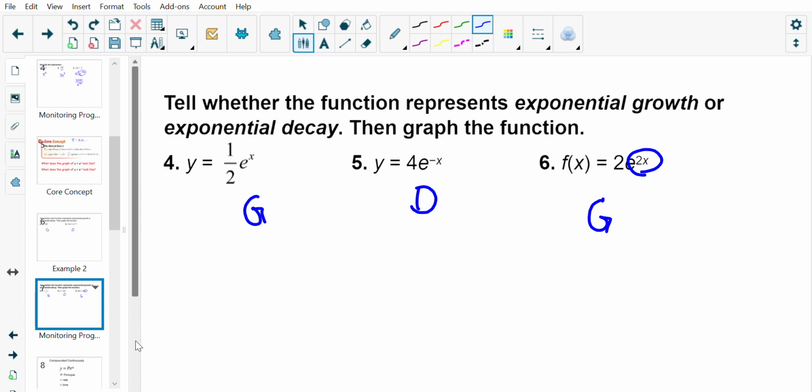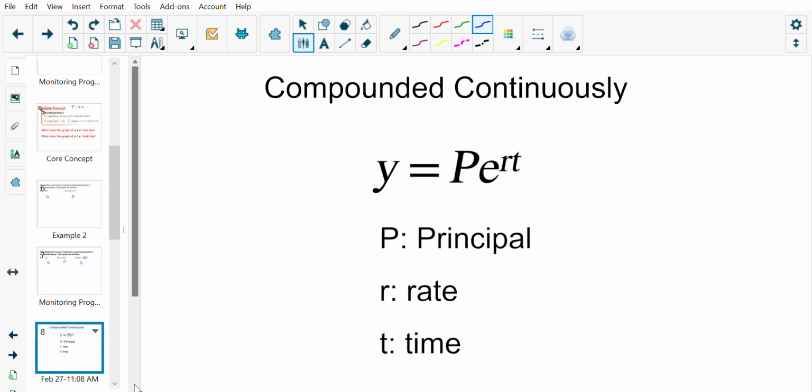Okay, so e represents a continuous growth. A lot of times when you invest money, the money can grow or compound continuously. So when we compound continuously, we have this equation, y equals P e raised to the rt. And you will hear me say PERT because that kind of looks like PERT right there.